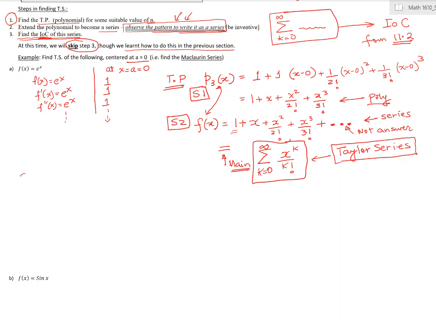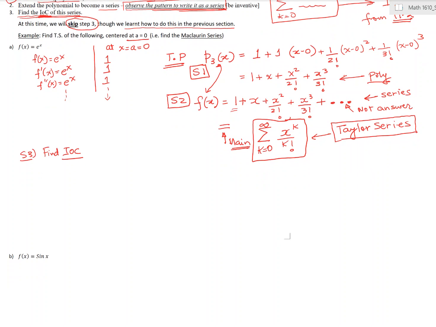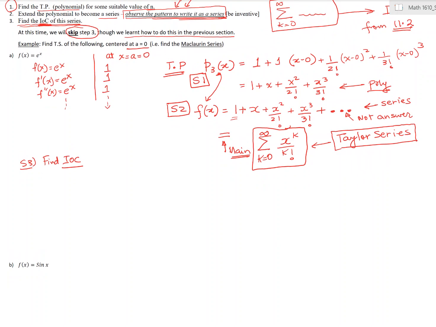Step 3, find interval of convergence. Now as I've said, most of the times you'll skip this portion, but let's do it for this one. So how do you find interval of convergence? We remember we are going to do the ratio test. So first thing is I'm going to do a_(k+1) over a_k.